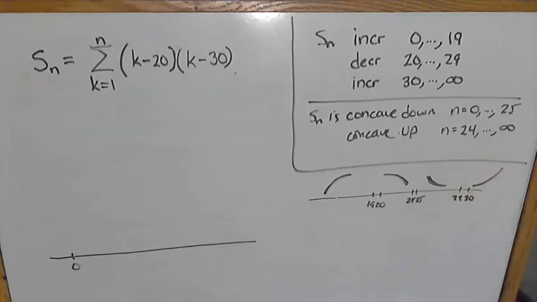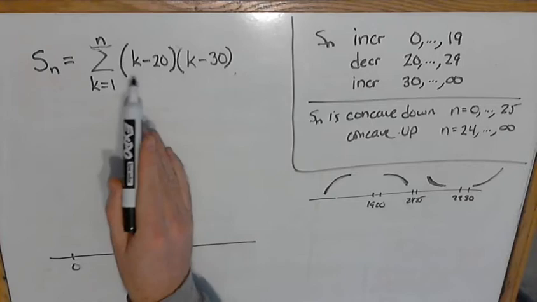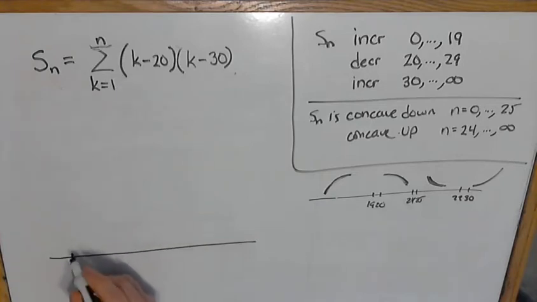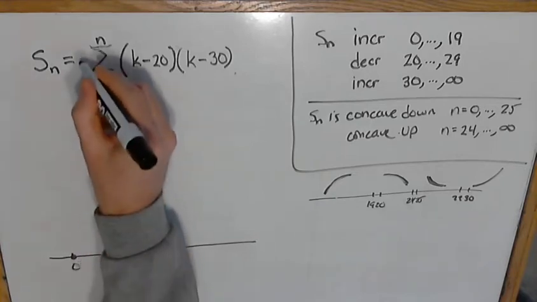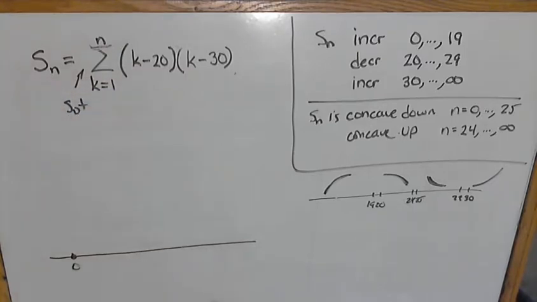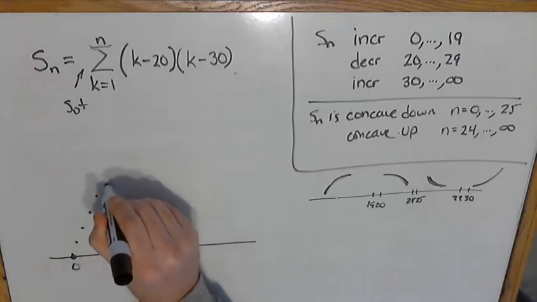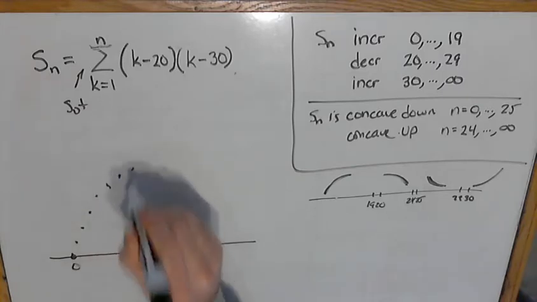What that means is my sequence, which by the way at 0 is 0 because there's no initial value, S0 must be 0. I'm going to be increasing as a sequence, but I'm going to be concave down.